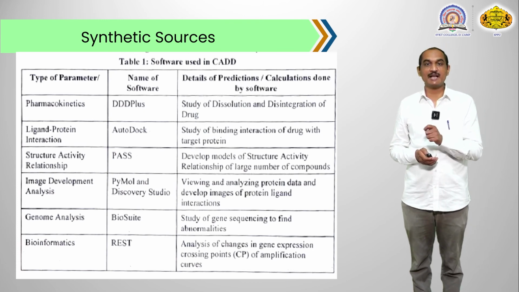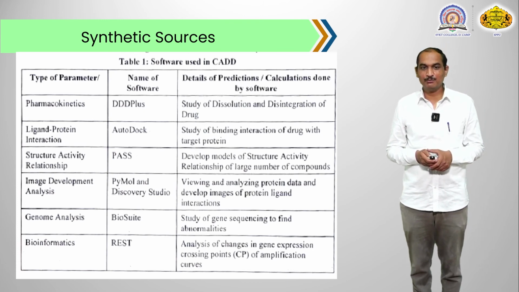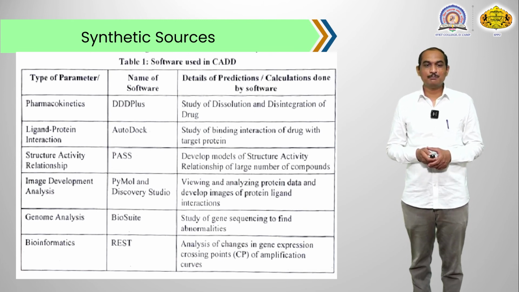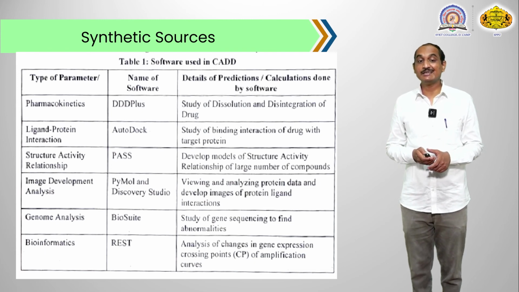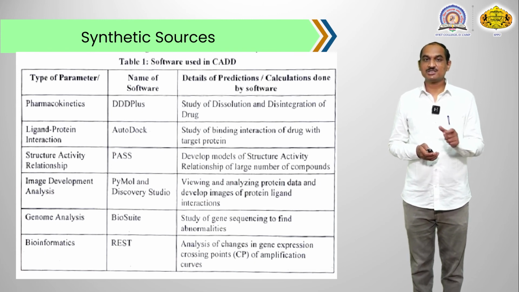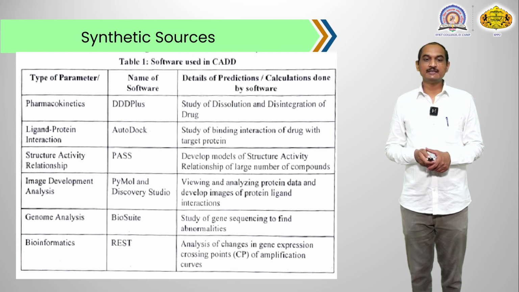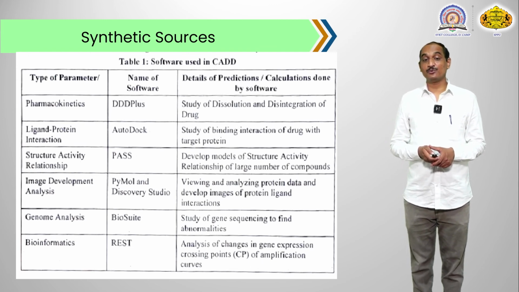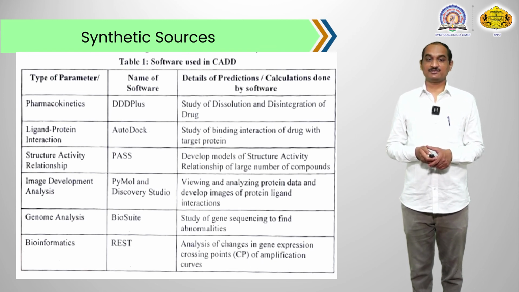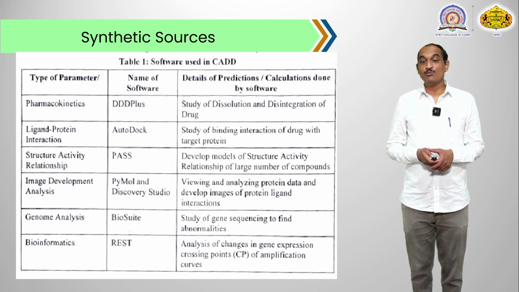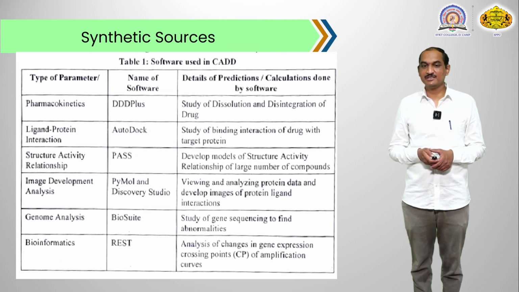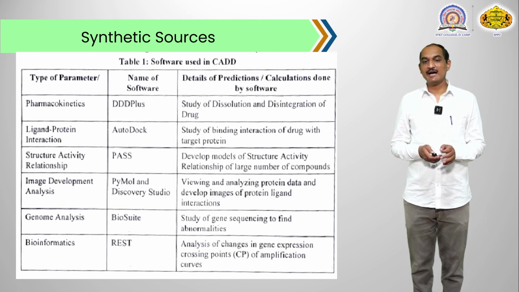Another important parameter is the structure activity relationship, studied using the software PASS, and from that we can predict and develop models of the structure activity relationship of a large number of compounds.